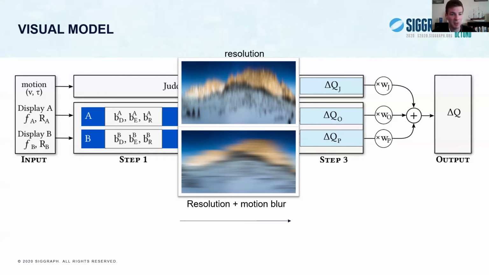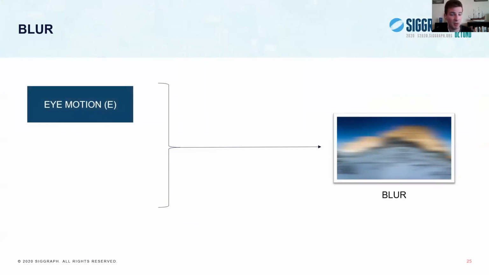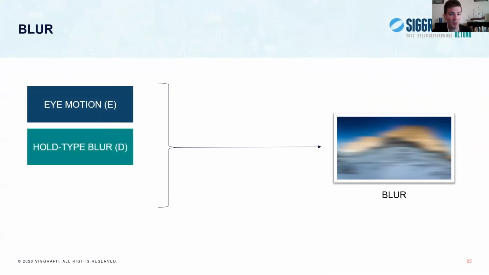Orthogonal blur is introduced by the resolution reduction only, while parallel blur is a combination of that and of motion blur. We actually model blur as a combination of three factors: the irregularities in eye motion, the Hold type blur created by the display's discrete stationary samples and the eye spanning over them, and blurring just due to the low resolution of the display.